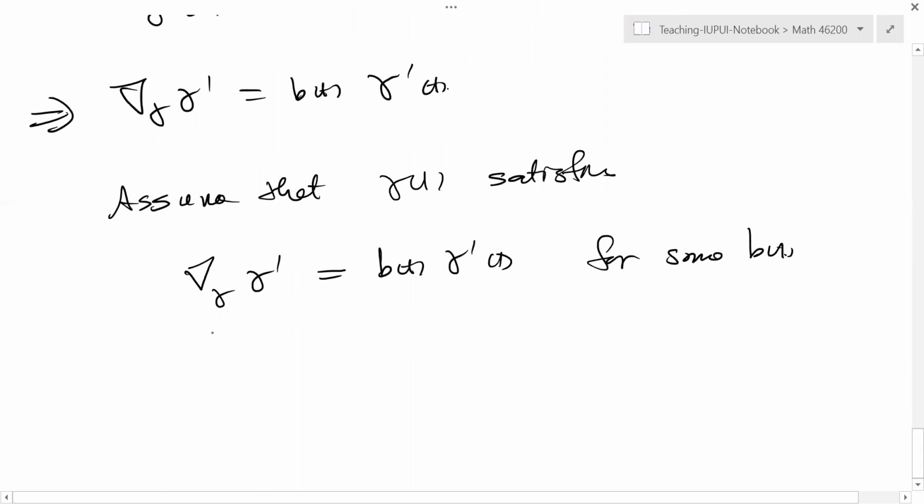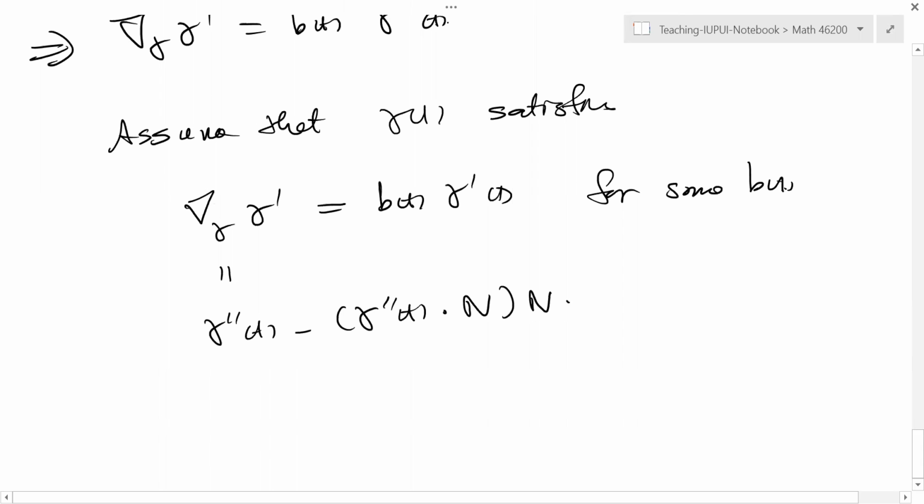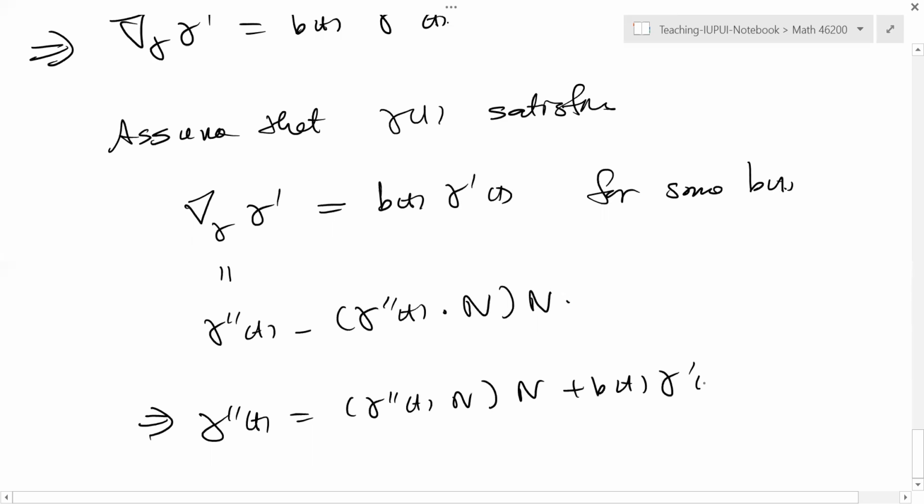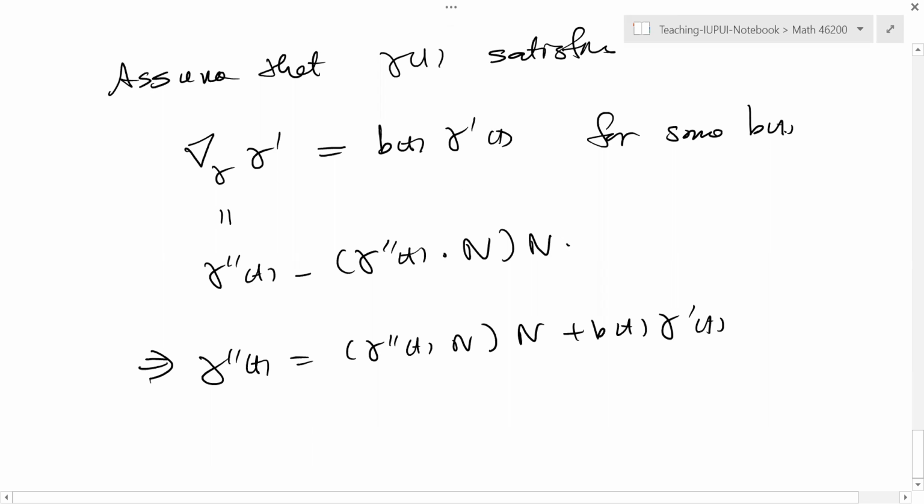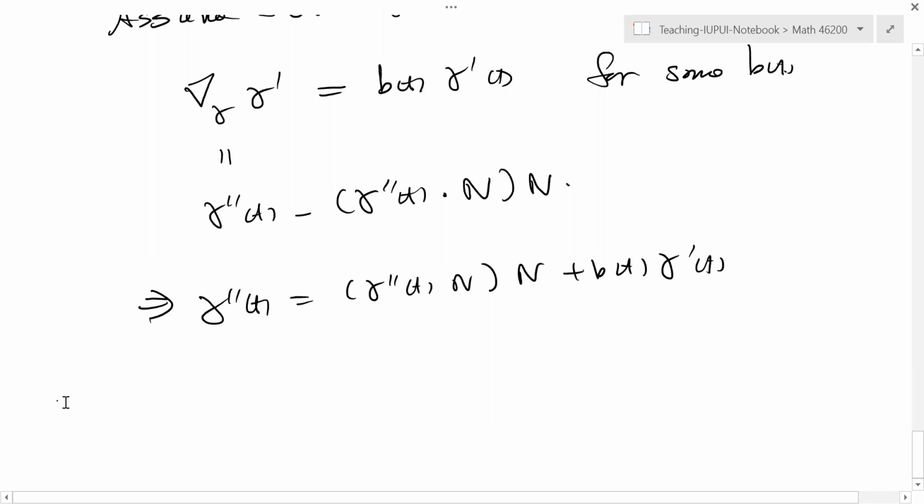Now, according to the definition, this is nothing but gamma double prime of t minus the normal component of gamma double prime of t. So that implies gamma double prime is in this form. So that's it. This is a geodesic. So now we conclude the following result. We call it a proposition.